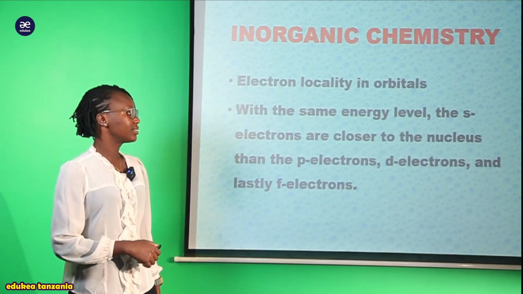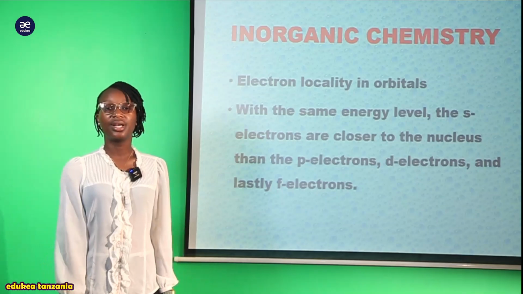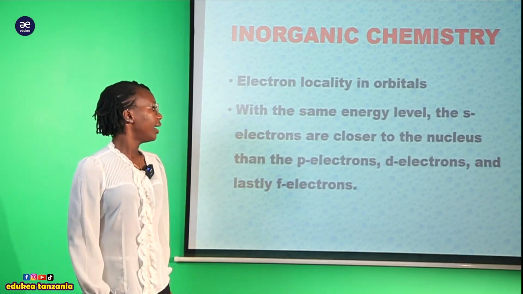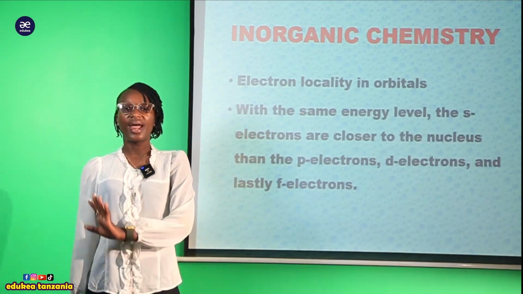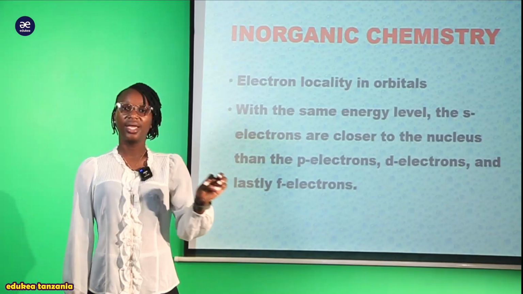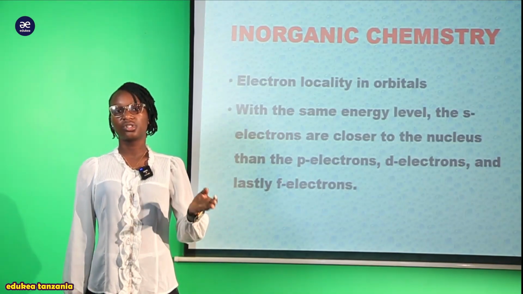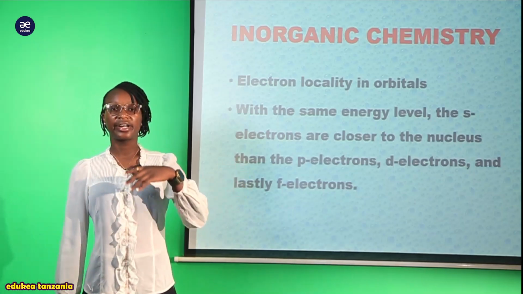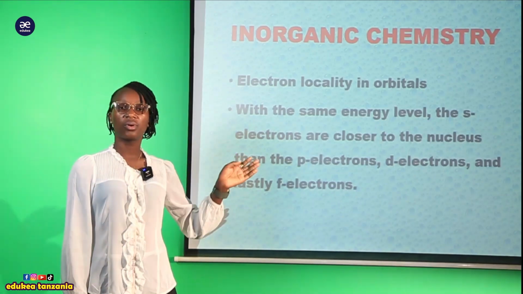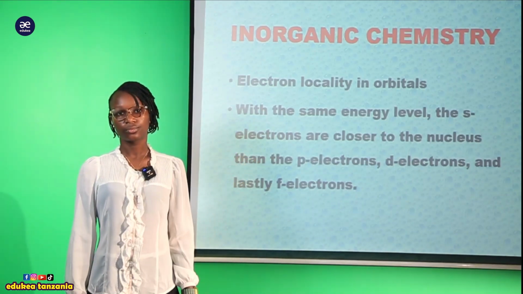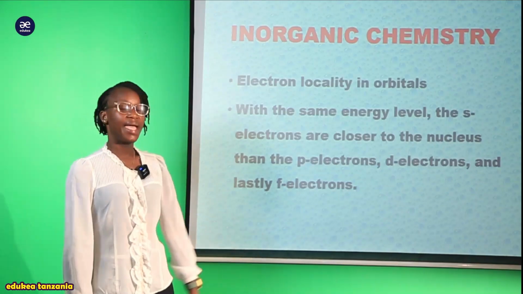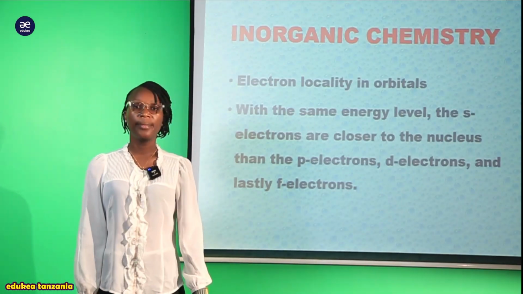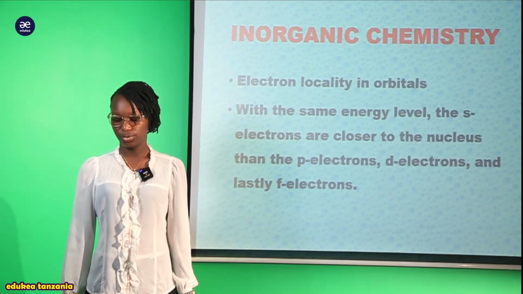Kwa hiyo utamwona huyu s orbital au s electron ndiye anayekuwa closer to the nucleus ukikompare na hao wengine wote, ukikompare na P, kwa sababu P atakuwa anahusisha sheli ya kwanza, ya pili, lakini pia ukija kwenye D itaenda mpaka sheli ya 3, then mpaka tunafika kwenye F mpaka sheli ya 4 huko. Kwa hiyo utaona kwamba the s electron or s orbital is the one which is closer to the nucleus.